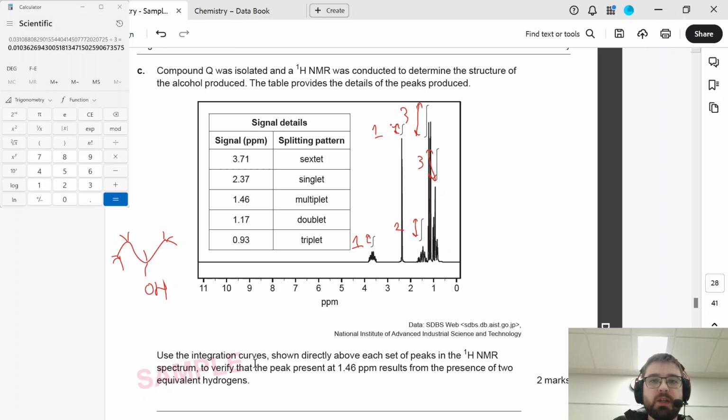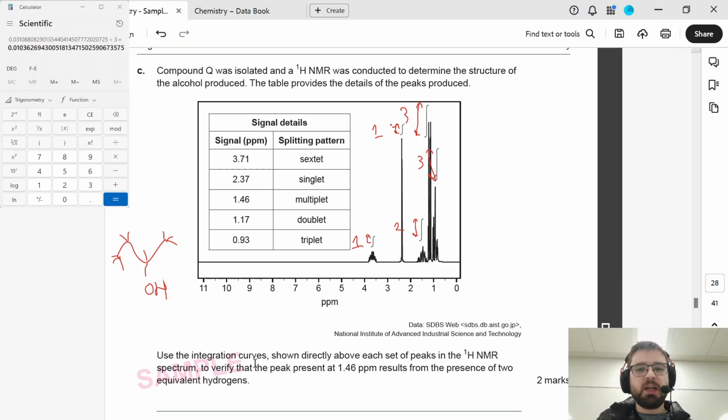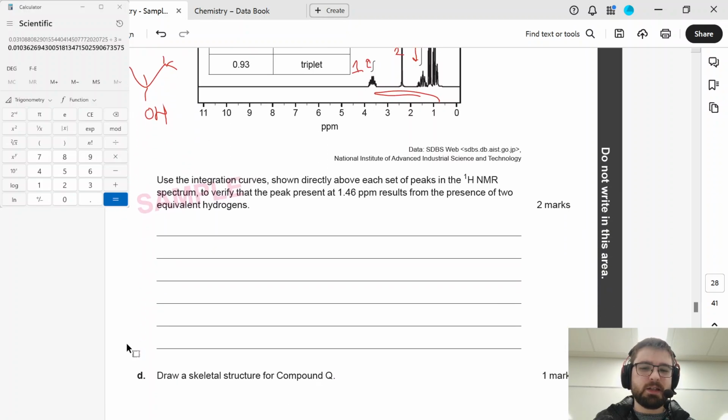So that is a new one. They've never asked you to use the integration curves in that sense before. And I'm going to be honest, I've never done that either, because when the machine does this for you, it also just calculates the integration curve for you. So a bit of an odd thing they've added to the curriculum there, but it is there.